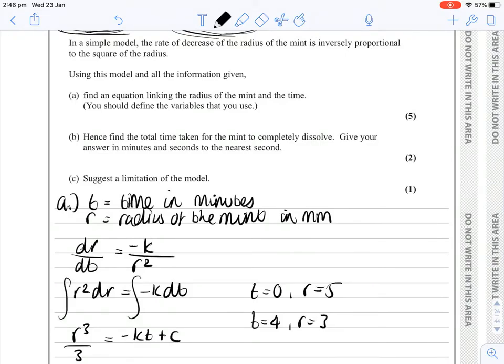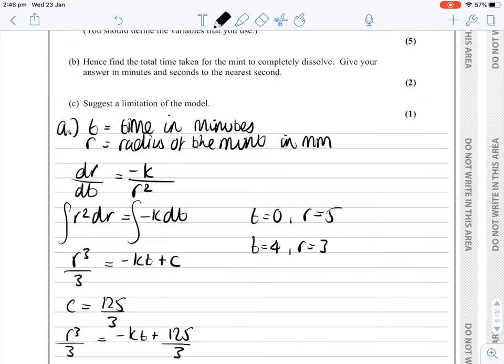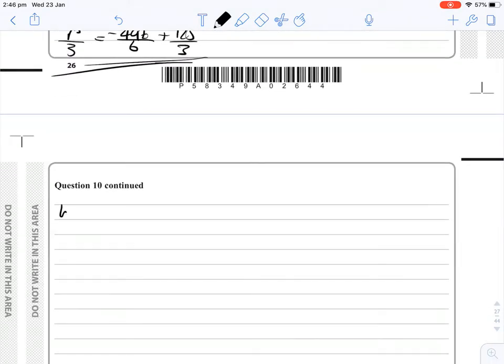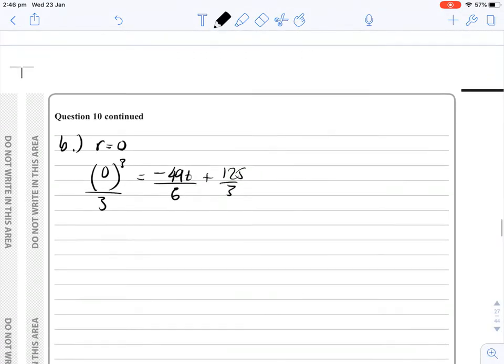Part B, hence find the total time taken for the mint to completely dissolve. Give your answer in minutes and seconds to the nearest second. So for part B, if we want to find the time taken for the mint to completely dissolve, that is going to be when the radius is equal to 0. So we've got 0 cubed over 3 is equal to minus 49t over 6 plus 125 over 3.